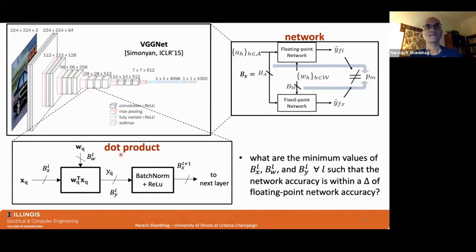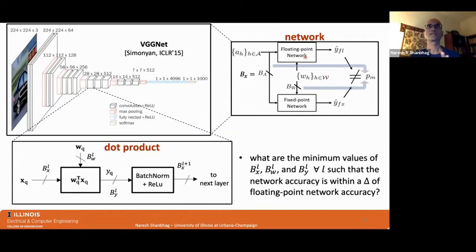So you have, actually, it's a matrix vector product, which is an ensemble of dot products. You want quantized weights, quantized inputs, generating a quantized output. You pass it through batch norm, ReLU, get to the next layer, right? So that's the basic kernel, and then a number of those kernels are connected together to get a network.